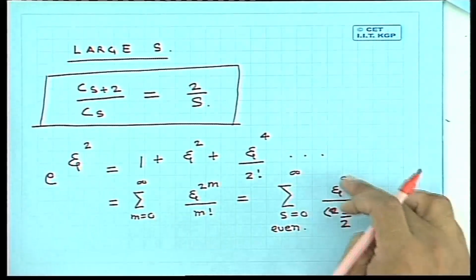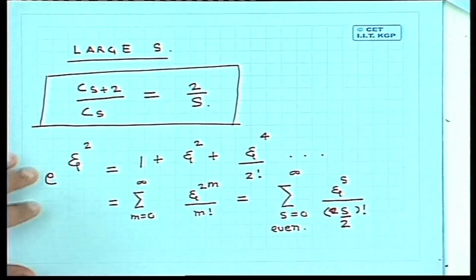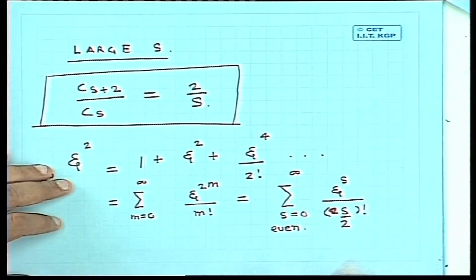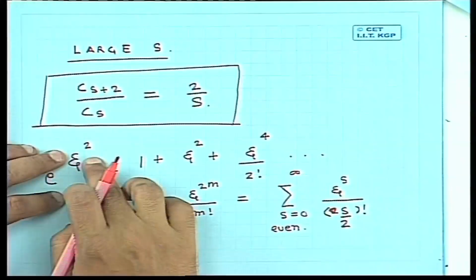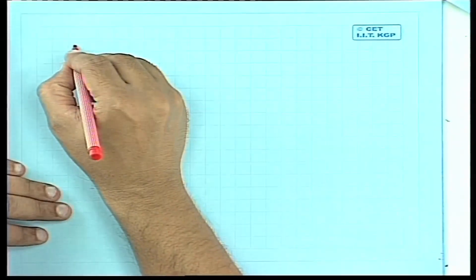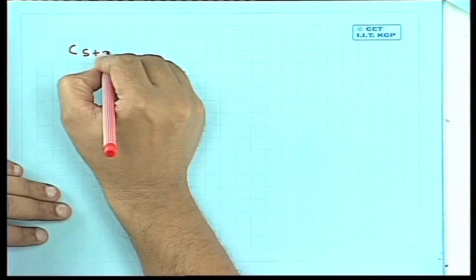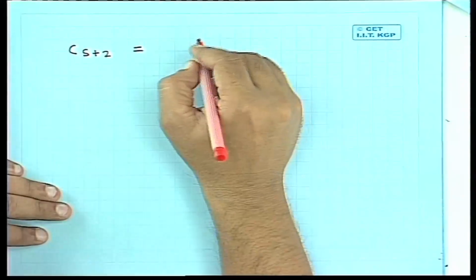Now let us look at the ratio of the coefficients C(s+2) by Cs for this series.